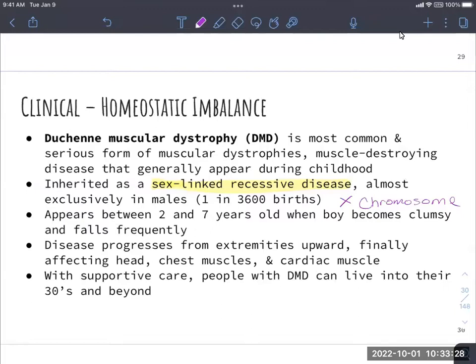There are medications out there, there's physical therapy, and taking some of these medications that prevent muscle breakdown. They can live into their 30s nowadays, which is kind of cool compared to usually dying before the age of 20.